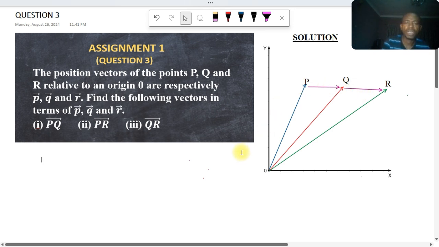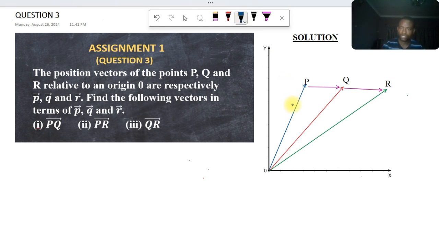So having said that, let's put these vectors appropriately on their lines. The first one that we have, which is P, we place on this line.